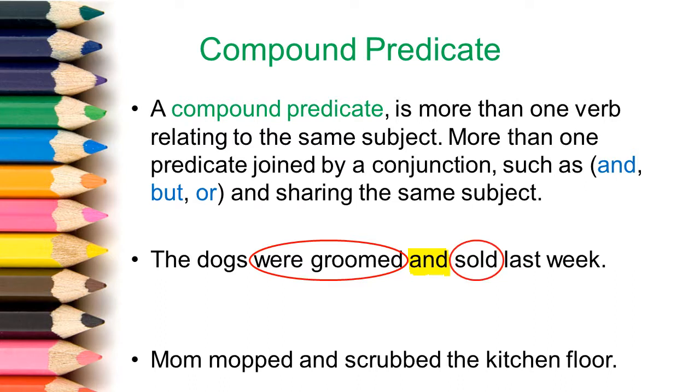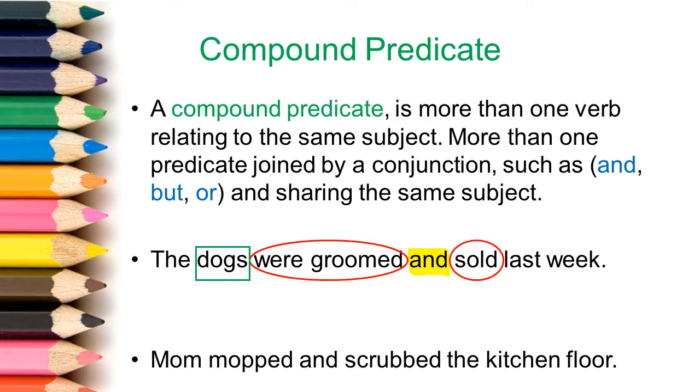So the verb here is were groomed and the other verb is sold, linked together by the conjunction and. Who were groomed and sold last week? So the subject dogs were groomed and sold last week. So here we have a compound predicate, two verbs sharing the same subject, which is the dogs.